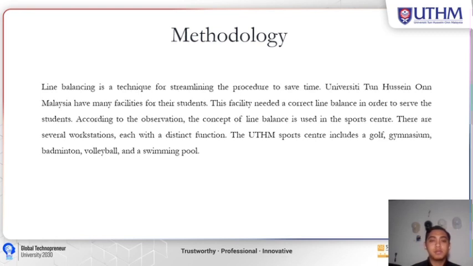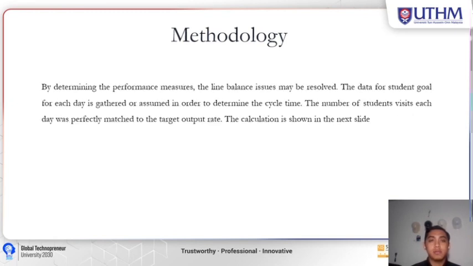The UTHM Sports Center includes a golf course, gymnasium, badminton, volleyball, and a swimming pool. By determining the performance measures, the line balance issues may be resolved.